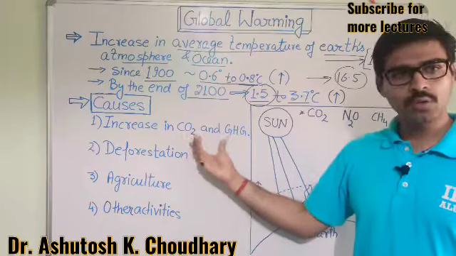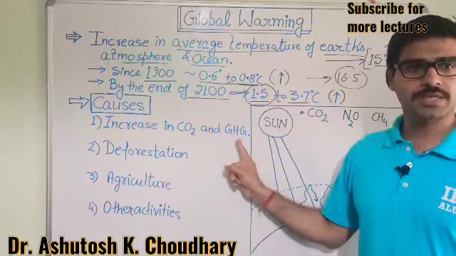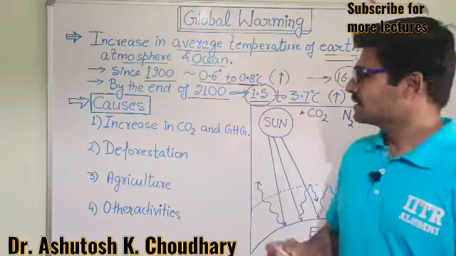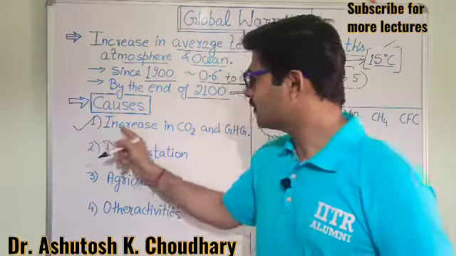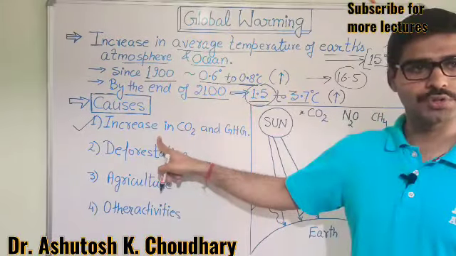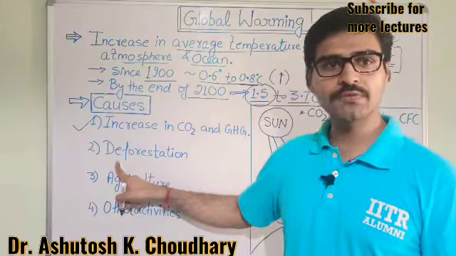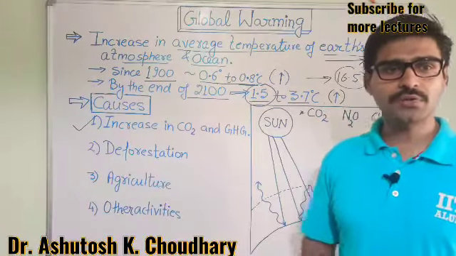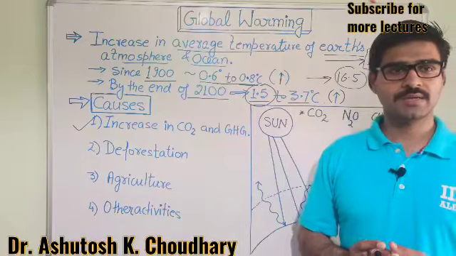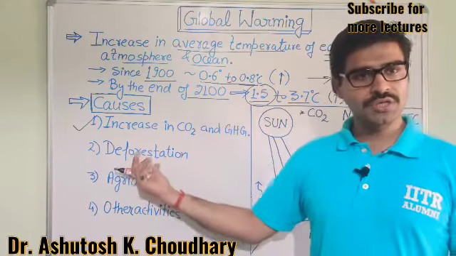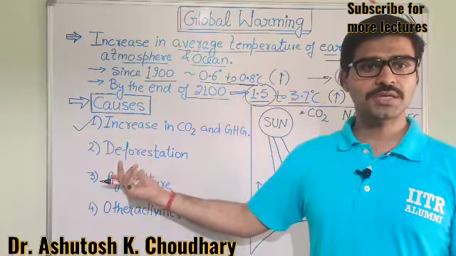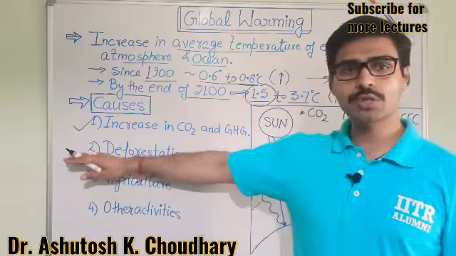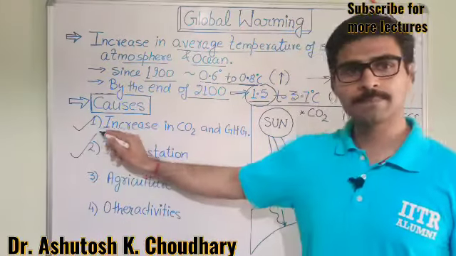I will tell you later what greenhouse gases are. So this is the first cause. The second cause is deforestation. The rate of deforestation is very high. Instead of afforestation, the deforestation rate is high. So this is also a cause of global warming.